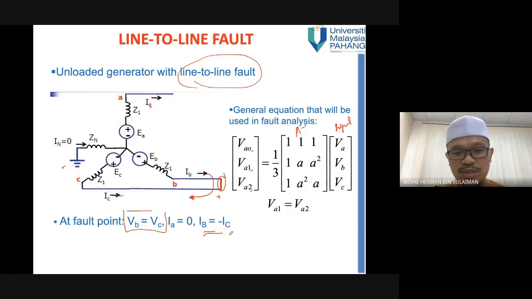So from here also we can see that your VA1 is equal to VA2. Positive and negative sequence for phase A are equal. Even though the fault happens at phase B and C, we refer to phase A as the reference. So that's why we still go for VA1 and VA2.